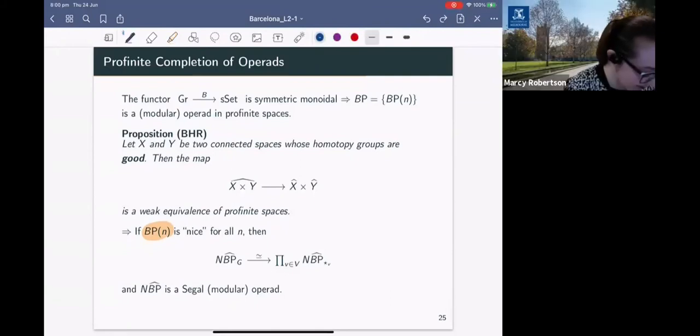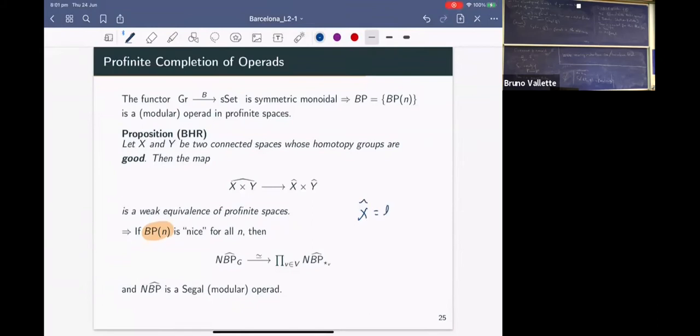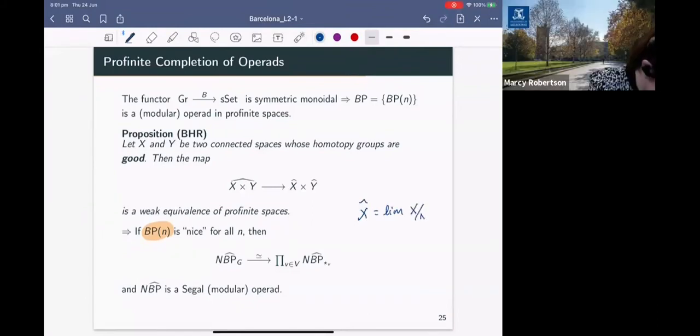I'll say it's a completely disconnected Hausdorff space, or you could call it a Stone space. If you're familiar with category theory, it's defined to be a limit, and then I'll have some finite quotient, and now I forgot what I'm quotienting over for a second. All finite subspaces.